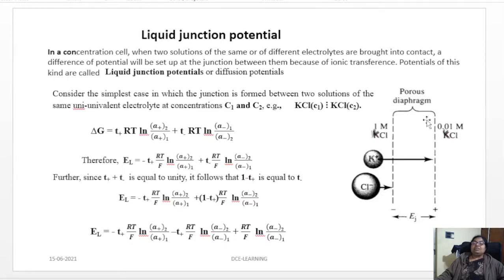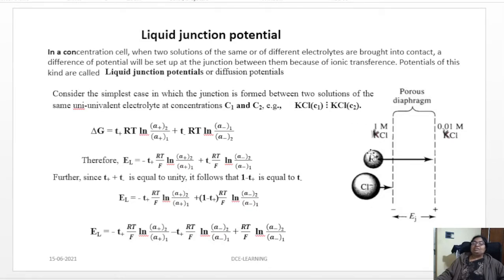When you keep a porous diaphragm in between, there will be a liquid junction potential on either side with respect to the electrolyte. Here it is KCl at two different concentrations, C1 and C2.